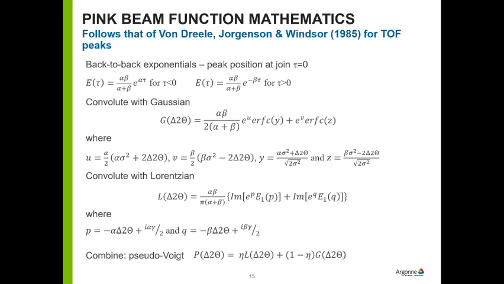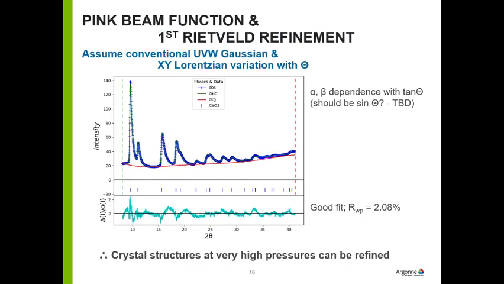But these two are then combined in a pseudo-Voigt using the same math that Joel talked about earlier to create a peak shape. And it actually fit those peaks very, very well. And so here's the fit. Now, the length of the experiment was 100 picoseconds.